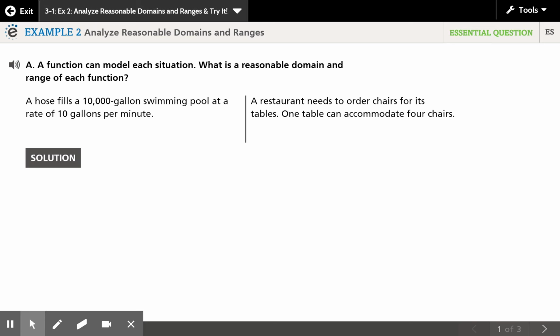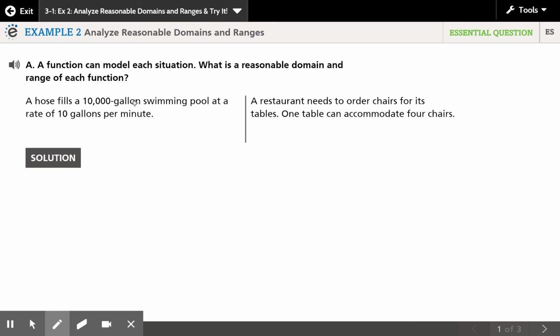So you want to think about what x's make sense and what y's make sense. In the second situation, completely different. It says a restaurant needs to order chairs for its tables. One table can accommodate 4 chairs. So 2 different situations, but still, let's think about this.